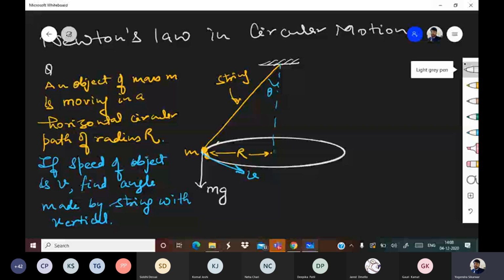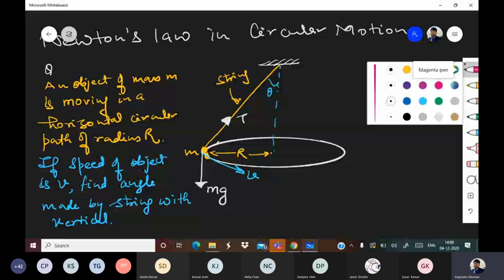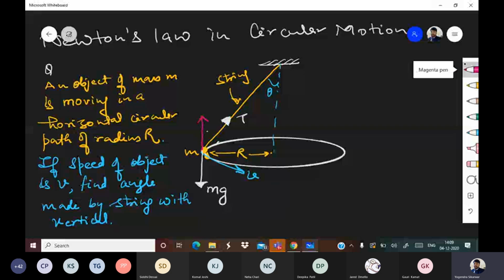Now what we can do, we resolve T into two components. One component will be along vertical. So if this angle is theta, this will also be theta, and this will be T cos theta. One component will be along horizontal, and this will be T sin theta.